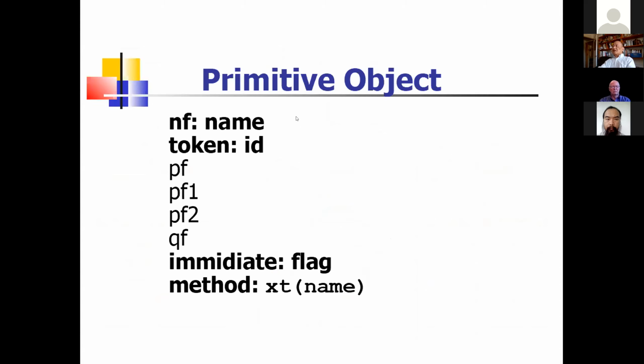So let's go into the details of the objects. The primitive object has a name. Each object has an ID, a token. The primitive object has an optional immediate flag, and they all execute the method selected by the name.